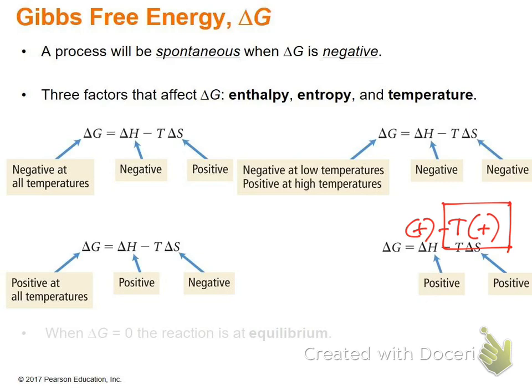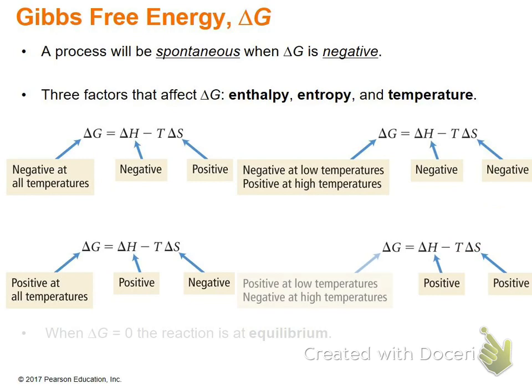If the temperature is high, then the delta G is going to be negative. And if temperature is low, then that will give you a positive delta G.